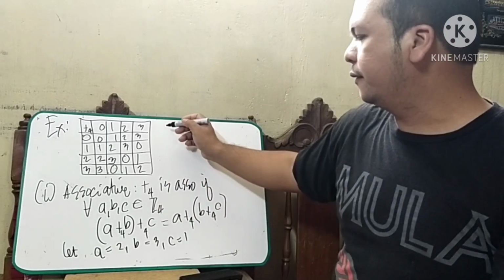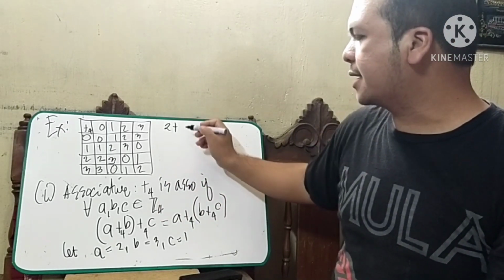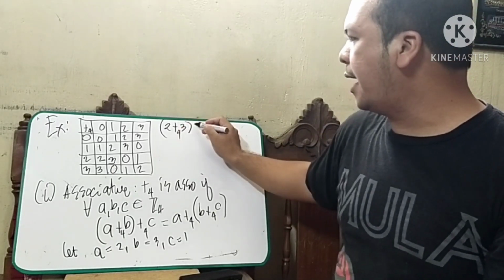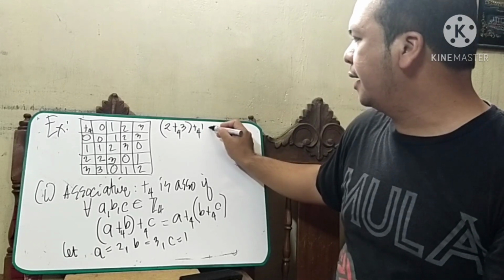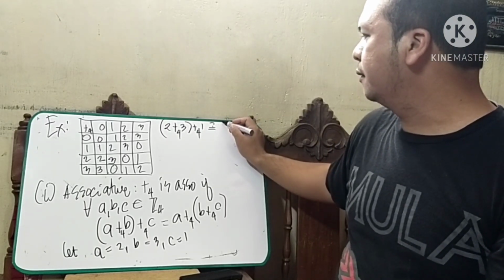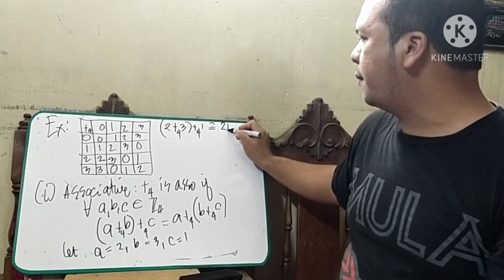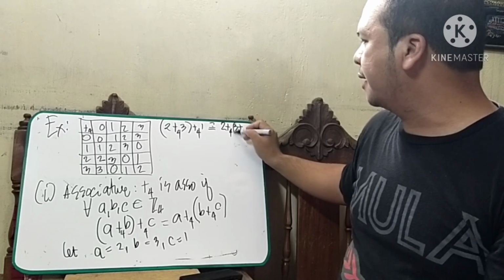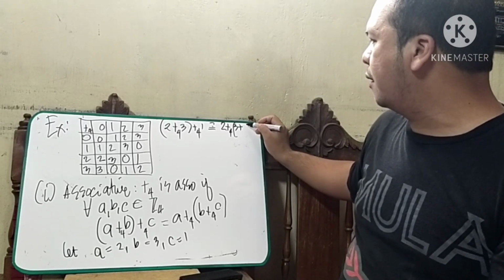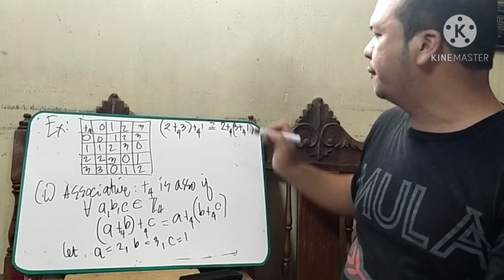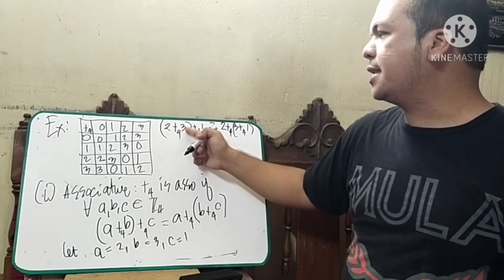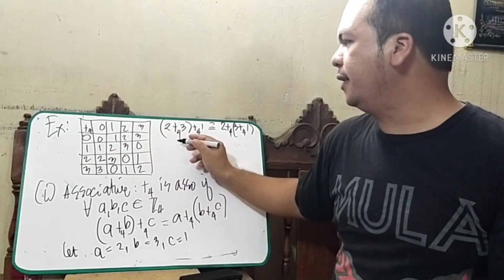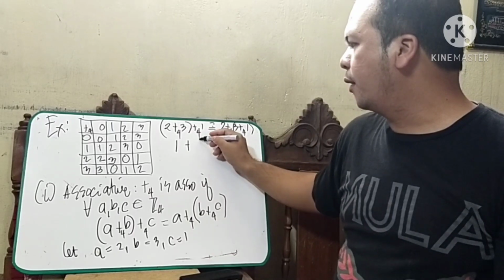So we have 2 plus 3 modulo 4 plus 1 modulo 4, is that equal to 2 plus the quantity 3 plus 1 modulo 4? Okay? So what is 2 plus 3 modulo 4? 2 plus 3 modulo 4 is 1.